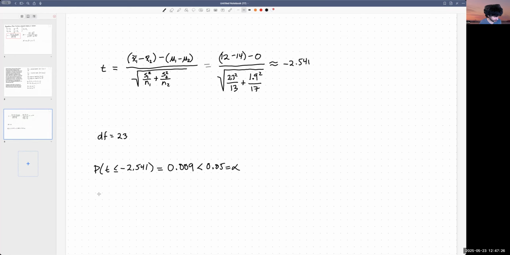Okay. Alternatively, you can look at the critical value, right? Remember what the critical value is. Since we had a 0.05 level of significance, I'm looking for the t-score on a student's t-distribution with 23 degrees of freedom that has 0.05 area below it. The t-score I found using an inverse student's t-distribution calculator was this. And we see that our t-score, negative 2.541, is below that.